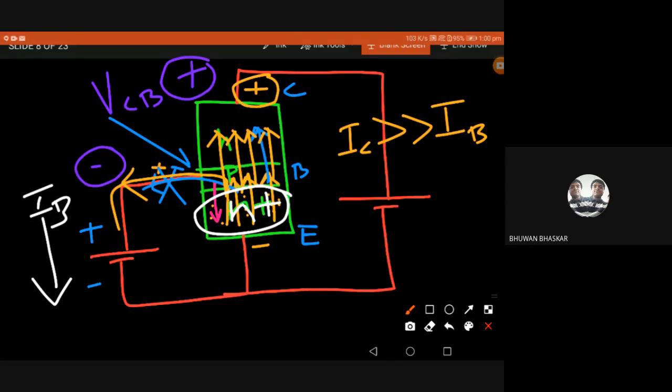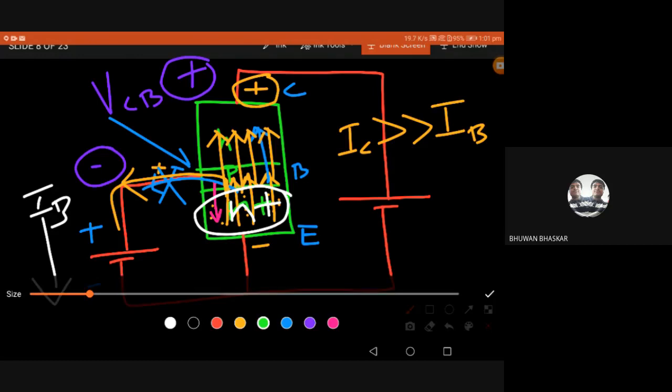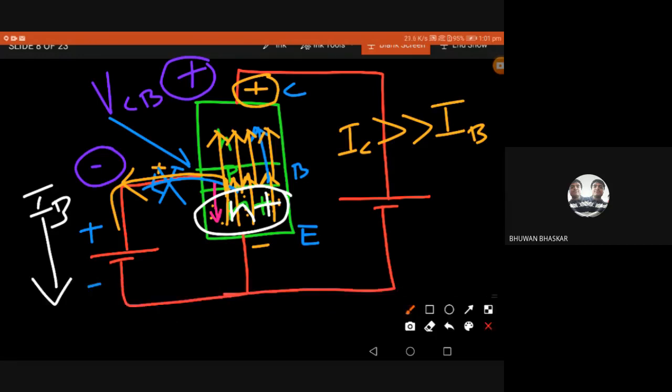So because of the electric field, the very narrow base width, and the high emitter carrier density, IB is much less than IC. This is the reason we get a DC current gain. What is DC current gain? This is beta, the ratio of IC to IB. IB is very small and IC is very high.